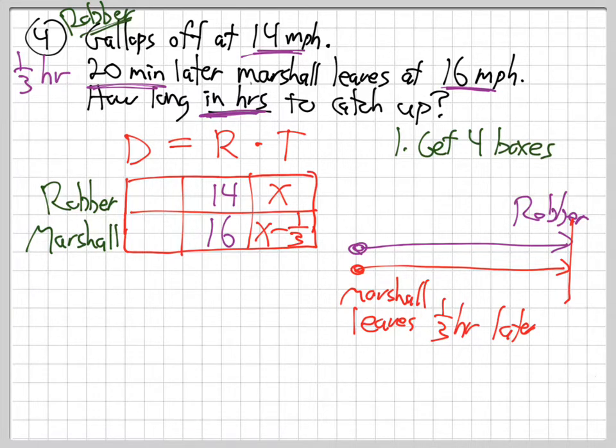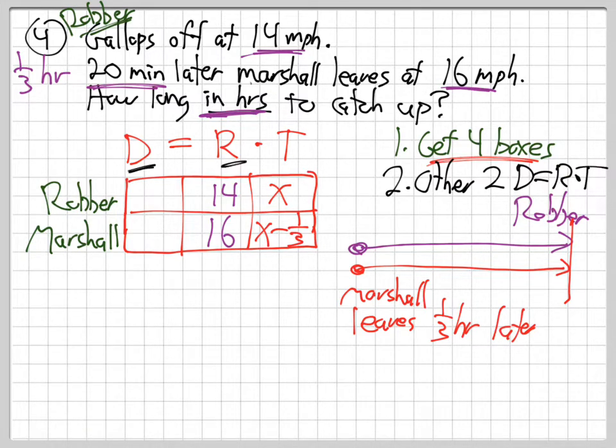All right. So now we got 4 boxes. So step 1's over. What do you do in step 2? Get the other 2 using the equation D equals R times T. So I get the front two D boxes, right?